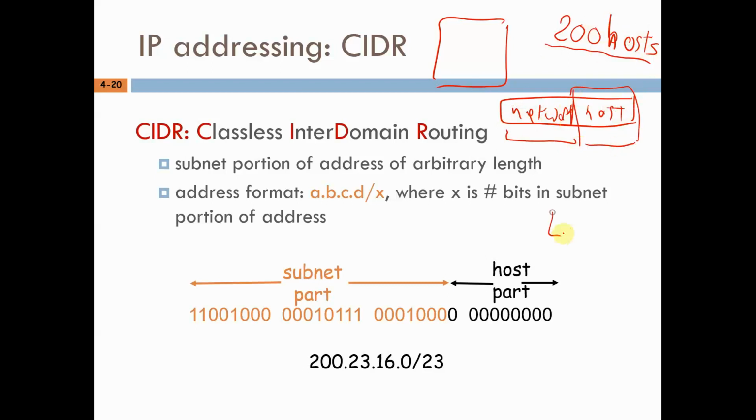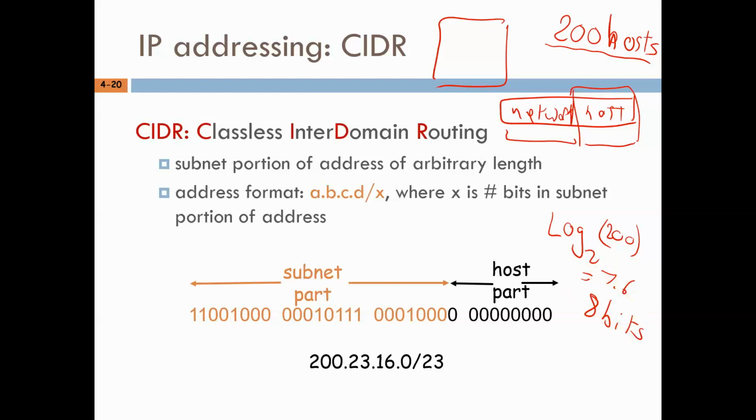To do that, you have to do log base 2 of 200, okay? Just to figure out how many bits you need to represent 200 hosts. Log base 2 of 200 is approximately 7.6. So obviously you cannot have 7.6 bits. So you take the ceiling of that. So you need 8 bits for the host part. Okay.